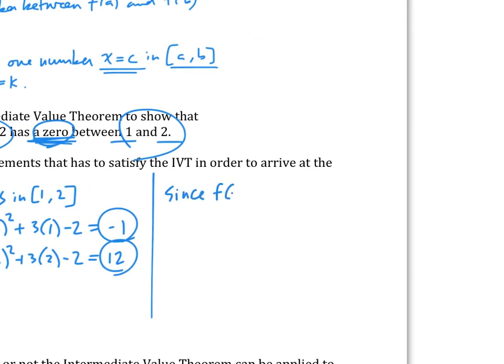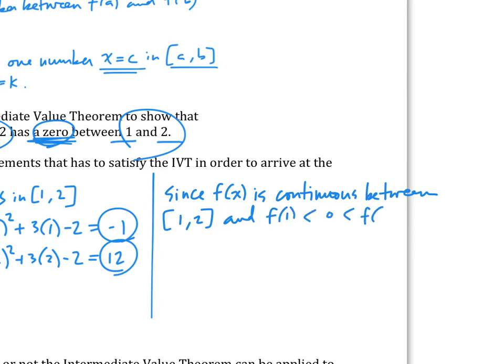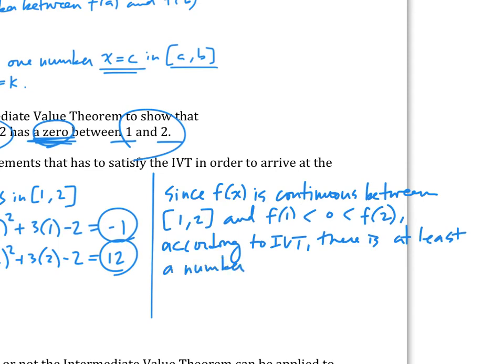Since f of x is continuous between 1 and 2, and f of 1 is less than 0, less than f of 2, according to IVT, there is at least a number x equals c such that f of c equals 0.